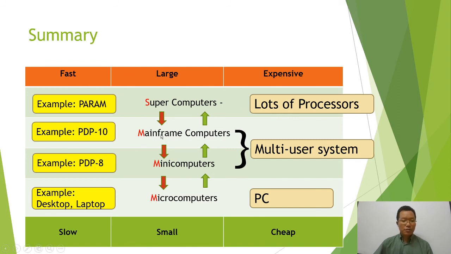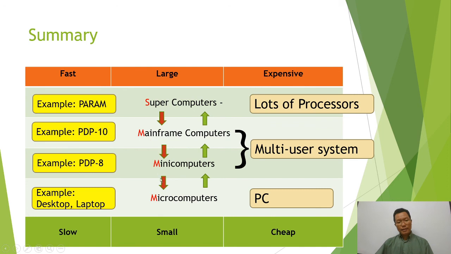Mainframe computers are slower than supercomputers, smaller than supercomputers, and cheaper than supercomputers. Likewise, it is with minicomputers and microcomputers also. Minicomputers are more expensive than microcomputers. Mainframe computers are more expensive than minicomputers. Supercomputers are more expensive than mainframe computers.